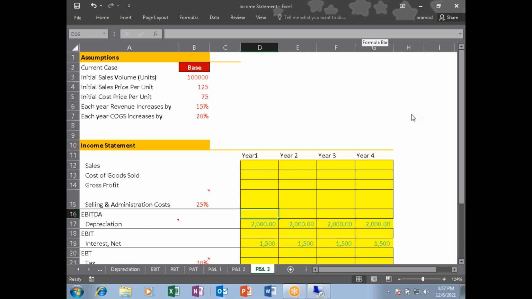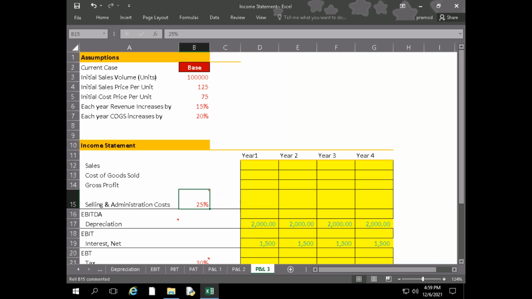Sir, selling and administration cost, should we take it on 25% of sales, or on gross profit? In that it is given selling and administration cost of 25% of revenue.